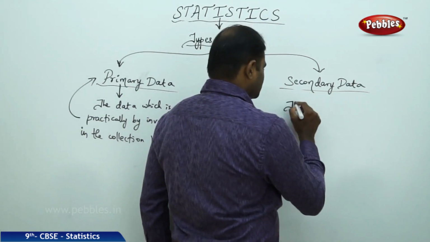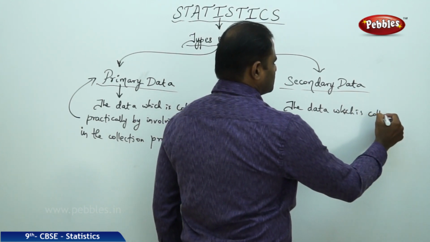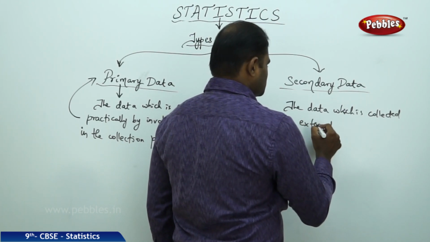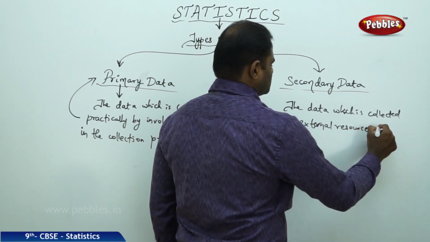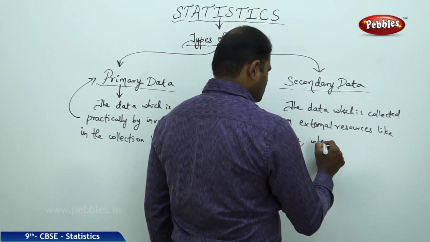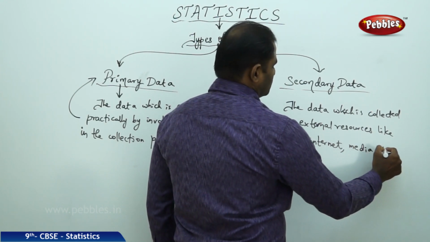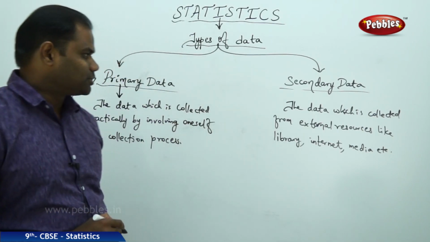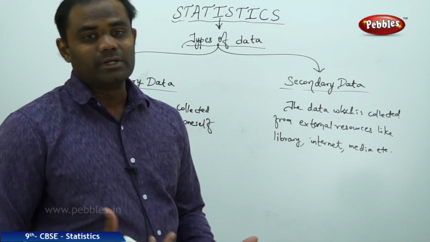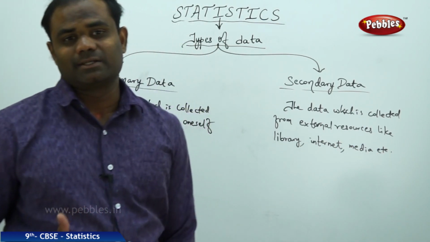And here the secondary data is the data which is collected from external resources like library, internet, media, etc. Such data is secondary because you're not directly involved, but you're depending on a book or a computer or any other electronic media to get the data.